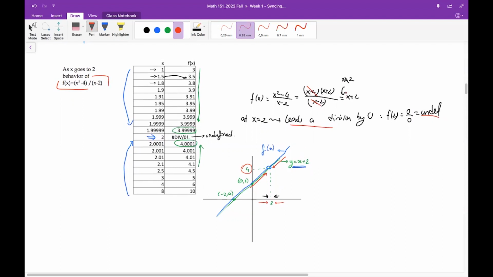So what we have obtained here is, if x is different than 2, your function is given as x plus 2. So this is the line y equals x plus 2. And at x equals 2, what happens? Your function is not defined, but still we may be interested in the values of this function around the point 2.